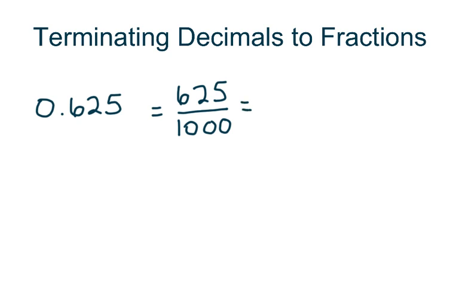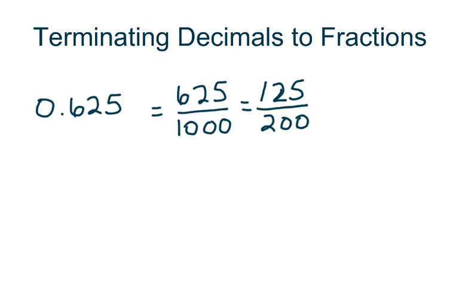This can again be reduced. We can divide each of them by 5. So if we divide 625 by 5, we get 125. 1,000 divided by 5 is 200.